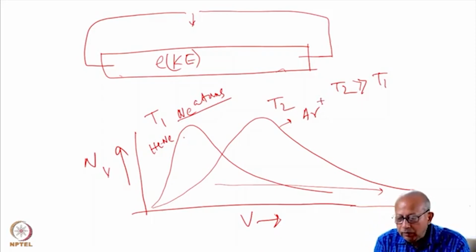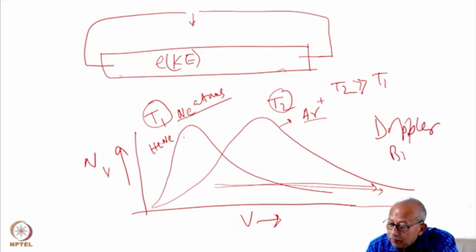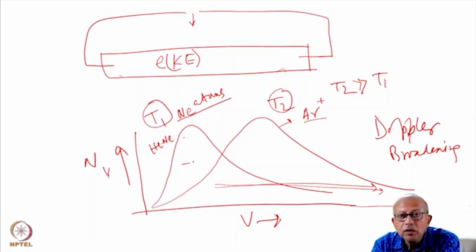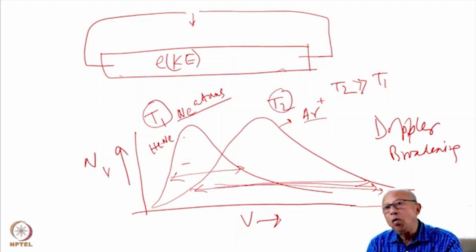So the range of velocity of argon ion is much wider because the temperature is more in this case. And that says that the Doppler broadening for argon ion laser is much more compared to the helium-neon laser, because the velocity spread is less here. Velocity spread here is less compared to the case of argon. And more is the velocity spread, more would be the Doppler broadening.